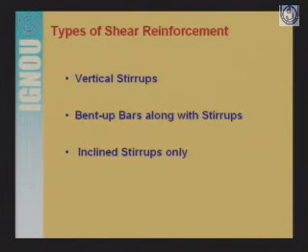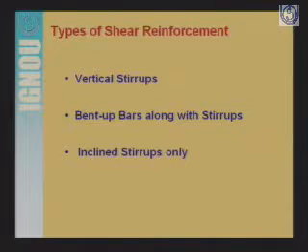Now, shear reinforcement we provide, as I told you, to counter these shear stresses. But now let's see what types of shear reinforcement are provided. You may provide the shear reinforcement in three different forms.